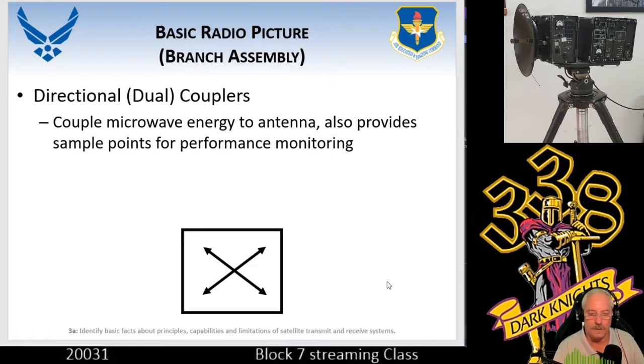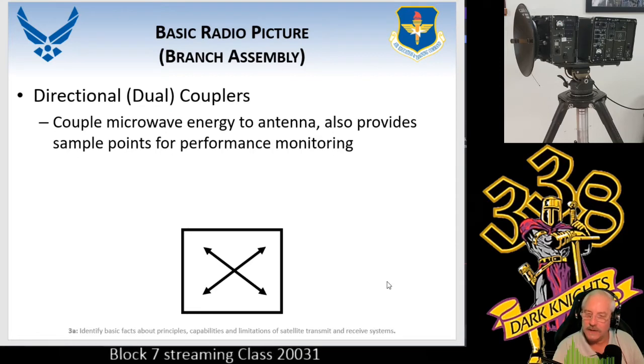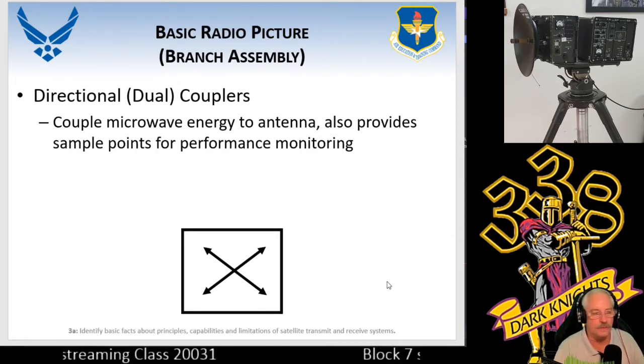Now, you guys worked with this in block 3, I think, when you're in a 10 watt mode and you get a high VSWR of 3 to 1, the radio is going to react and bring it down to 2 watts. And the whole idea behind bringing it down to 2 watts is so you don't lose most of your communication.